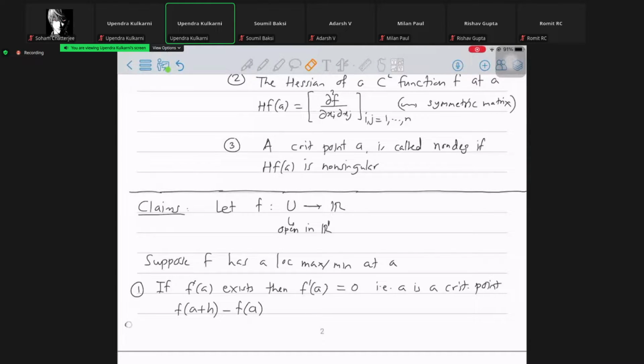Sorry, while I am writing, just tell me the proof. So if I have a maximum at a, then what happens? Then f of a plus h minus f of a will always be negative in some neighborhood, and hence f of a plus h minus f of a, divided by h, will be negative when h is greater than 0 and positive if h is smaller than 0.